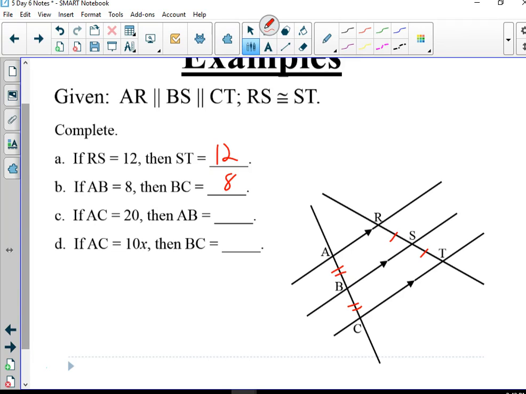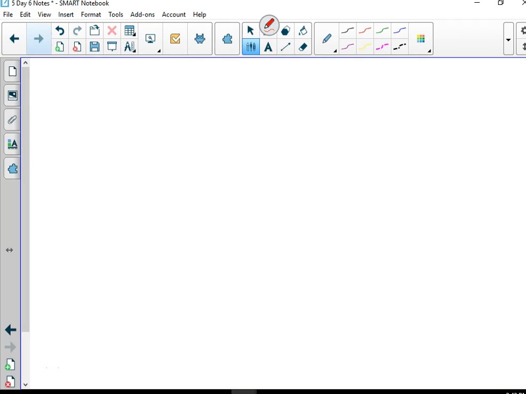If AC is 20, then AB has to be 20 divided by 2, because they have to be equal. And if AC is 10x, then BC is half of that. So again, divided by 2, 5x. And that's it.